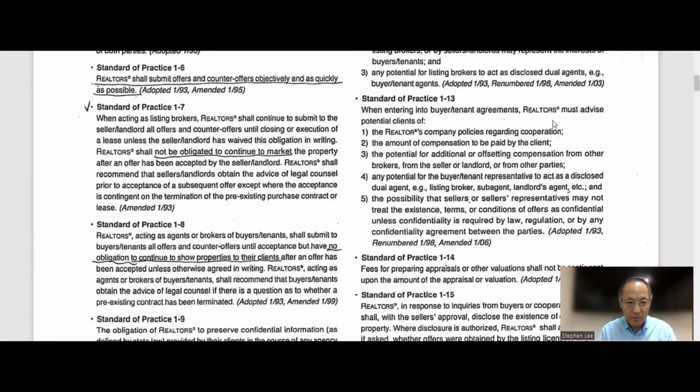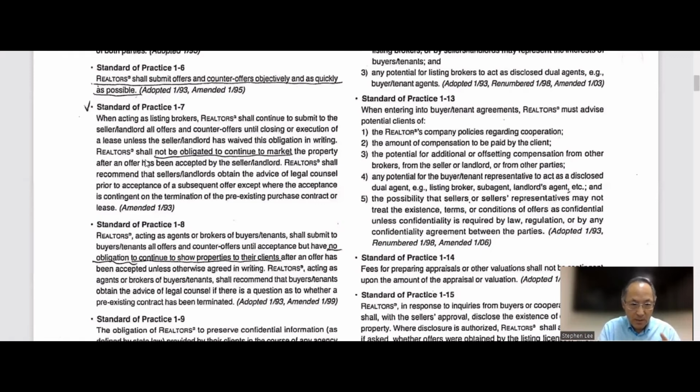Until closing, if you receive an offer, the agent has to submit it to the owner, the seller, without fail. That's what it's saying: continue to submit until closing. But if the seller says in writing, no, I'm not going to receive any offer anymore, then you don't have to submit.